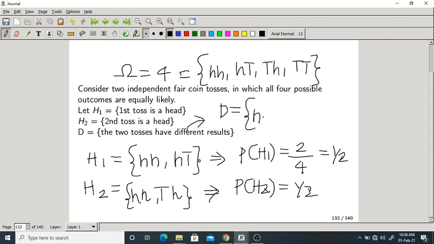First time you may get head, second time tail, or tail head. The probability of D is also 1 by 2.